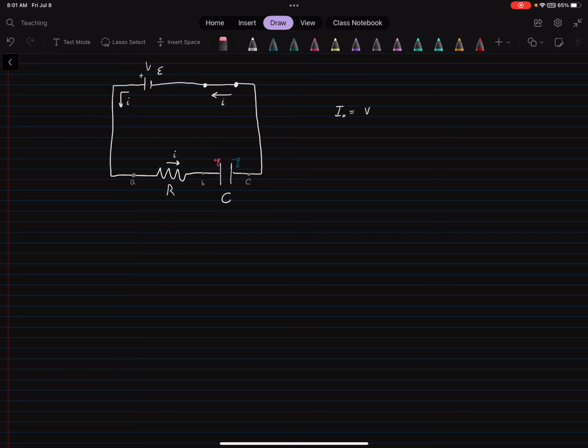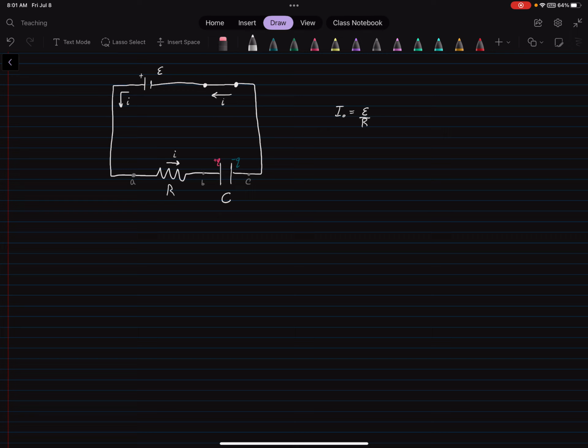Let's just say this is V. Alright, there we go. I think my notes need correcting. V over R, which is EMF over R, right? In fact, that's what we'll do. We'll just skip right to this one, right? And we're treating this like the voltage source, and so that's just V equals IR from Ohm's law, right? So that is the amount of current that flows initially.